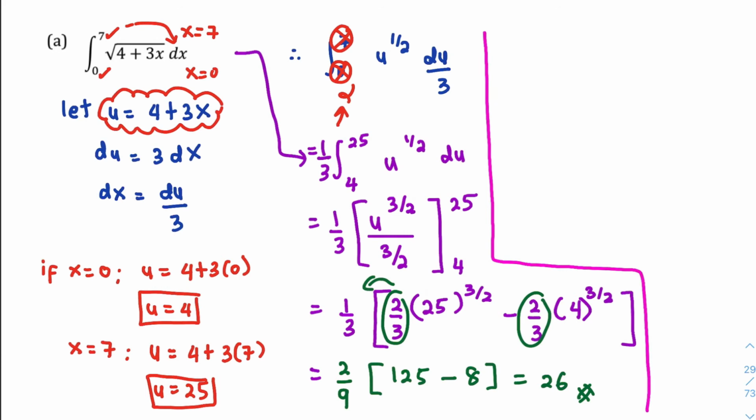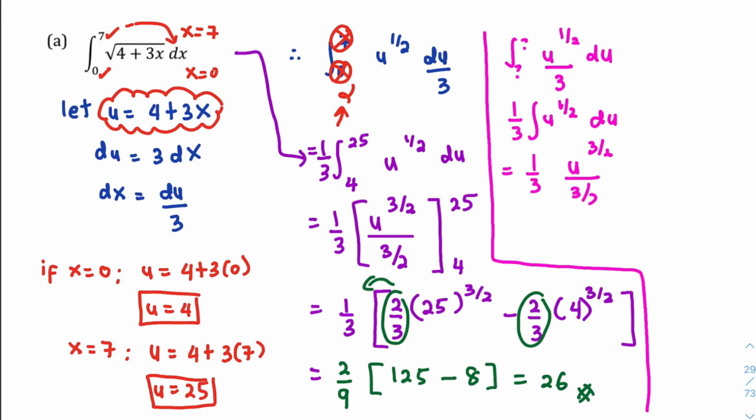When you integrate, don't put the limits first. Just ignore the limits and integrate using the indefinite integral. So the integral of 1/3 u to the power of half du gives 1/3 u to the power of 3 over 2, over 3 over 2.